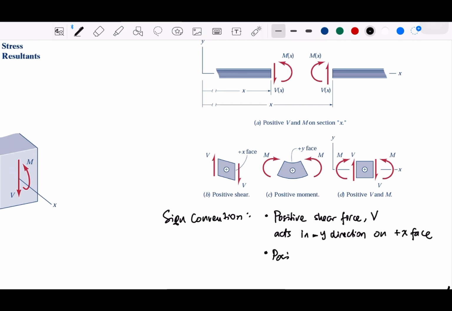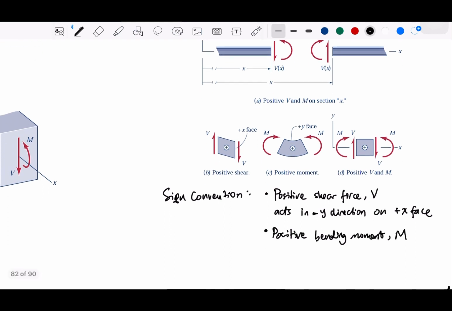And then positive bending moment M makes a positive y face on the beam concave.